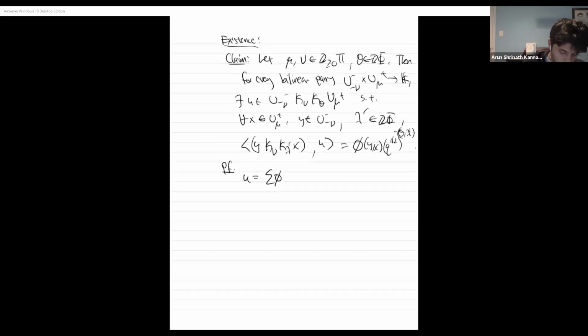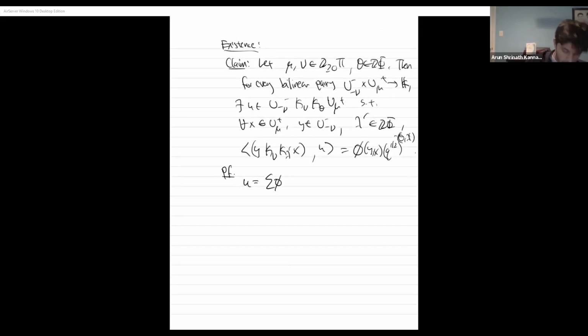So u is equal to the sum of phi of v j mu with u i nu, q to the minus 2 rho paired with mu, times v i mu K nu K theta u mu j, will work. So the point is that we have an element that gives us this, and then you can just check for yourself that this element does that.